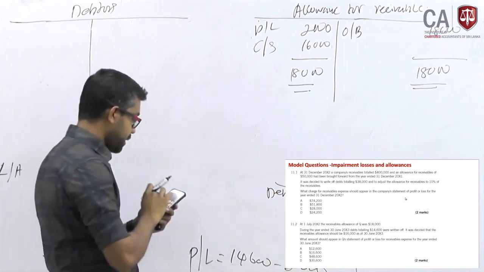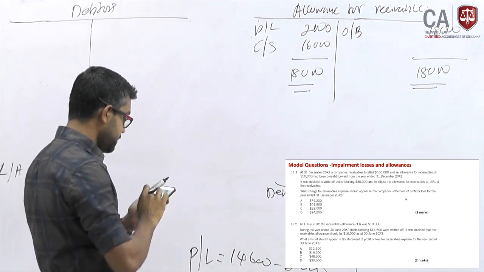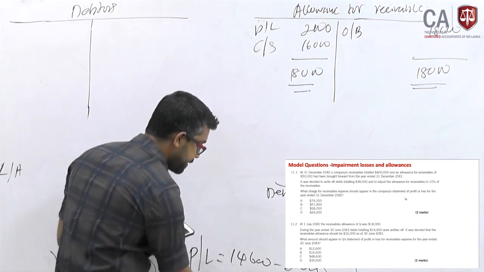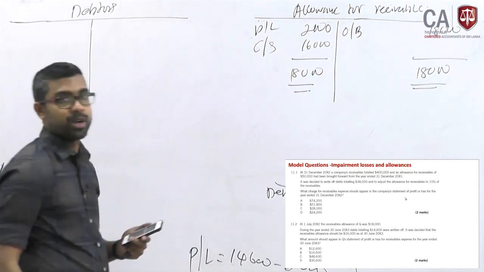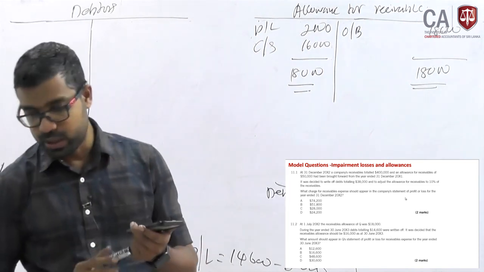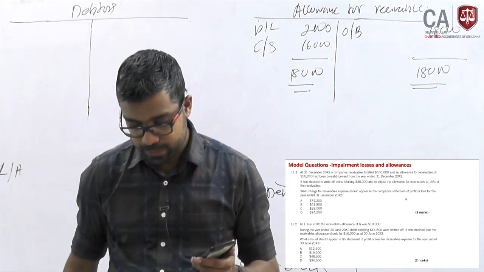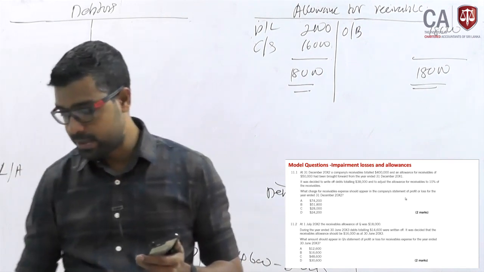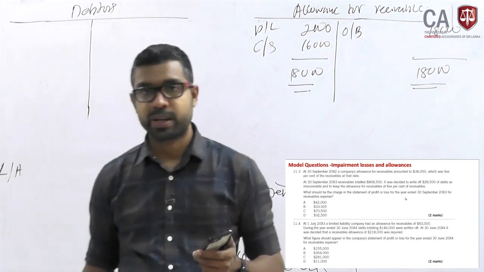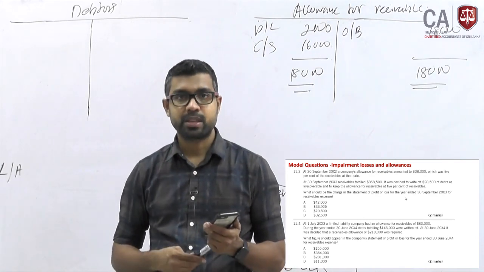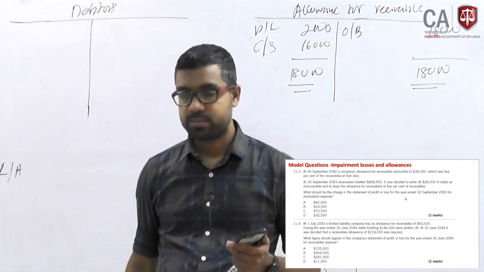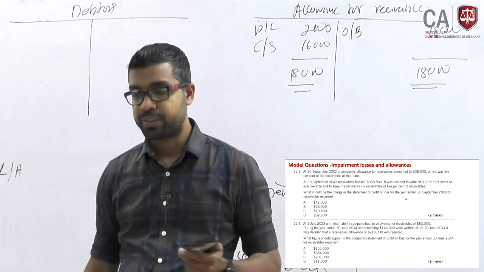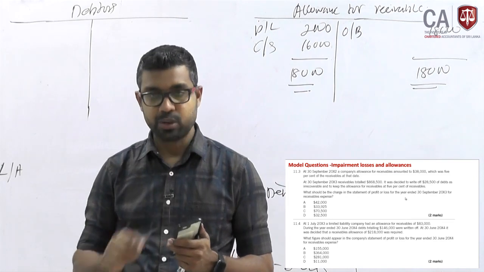So 14,600 minus 2000 is 12,600, very similar to the previous question, but the way they have tested is different. Is there an answer of 12,600? Yes, answer A. Even an MCQ is very difficult because numbers are there. If you made a mistake, the entire answer will be wrong.